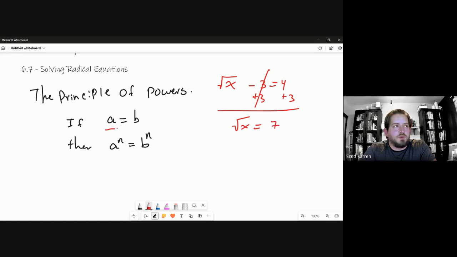I have an equality. Something is equal to something. That is to say, if I square both sides, I still maintain that equality. This square cancels out the square root, right? And I get x equals 7 squared, which is 49.